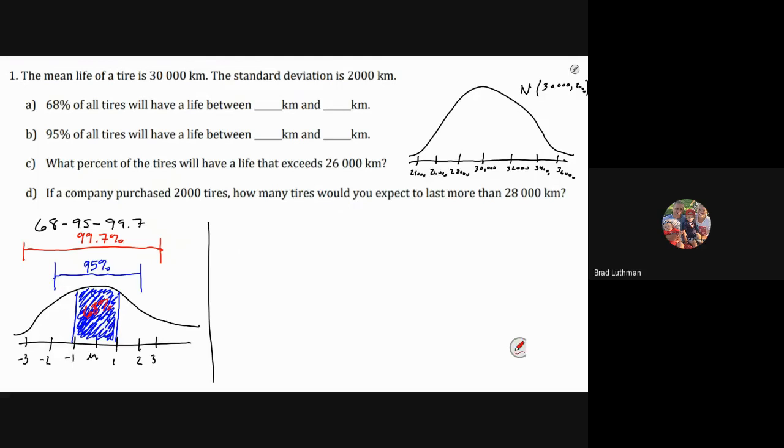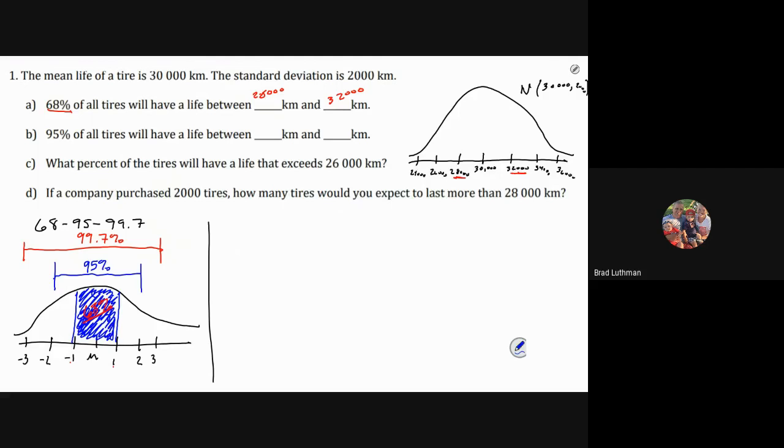When it asks us 68%, what we do is we go down here and we say, oh, 68%, you're asking for the difference between 1 standard deviation below and 1 standard deviation above. And we see that right here and right here. So this is 28,000 kilometers and 32,000 kilometers.